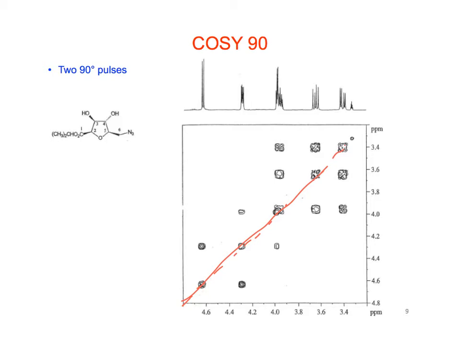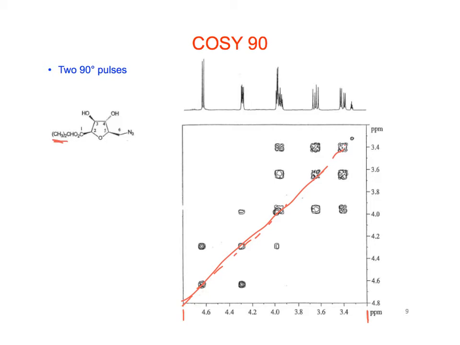All right, so what I would recommend, and notice that this is only going from 4.7 to 3.2, or 4.8 to 3.2. So for example, some of these signals out here are not included.